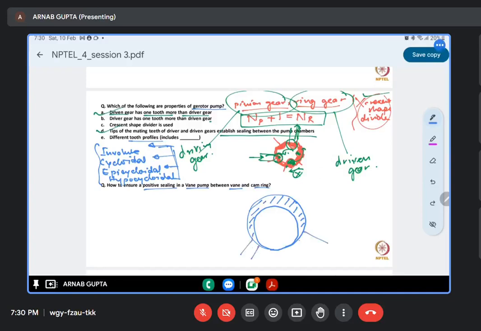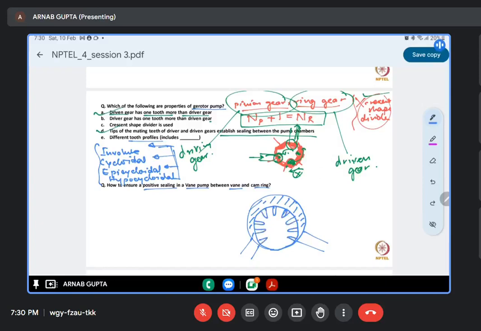In gear pumps, the meshing and unmeshing of the gears produces the inflow and outflow. In this case, we have vanes.